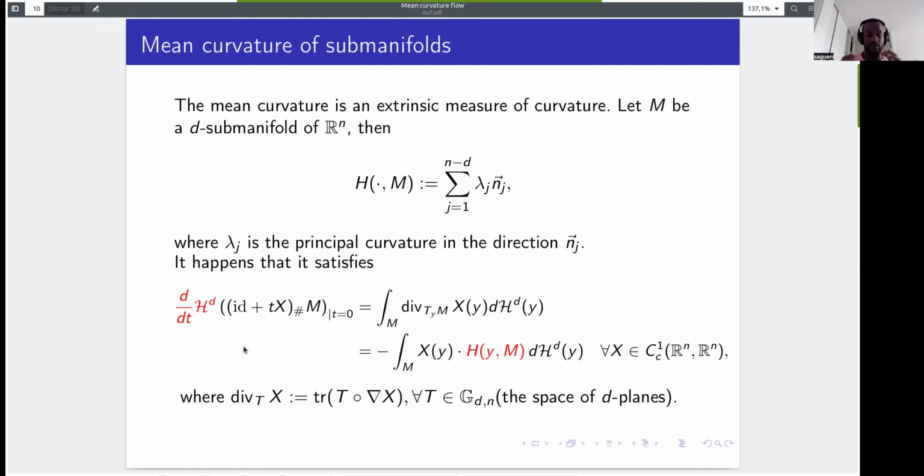So the area of the manifold, not the area enclosed inside the manifold, the area of dimension D. So when you take its derivative, well, you apply what we call the area formula, which is basically the change of variable formula. You get this quantity.